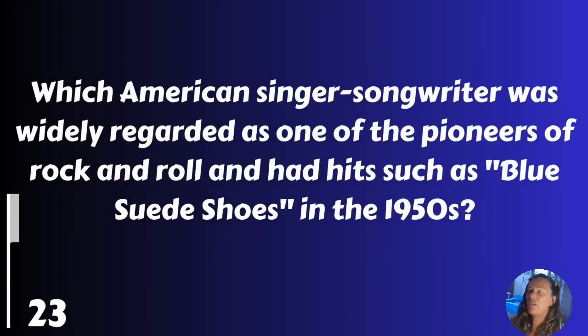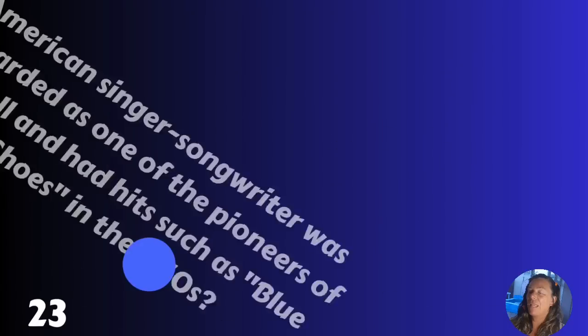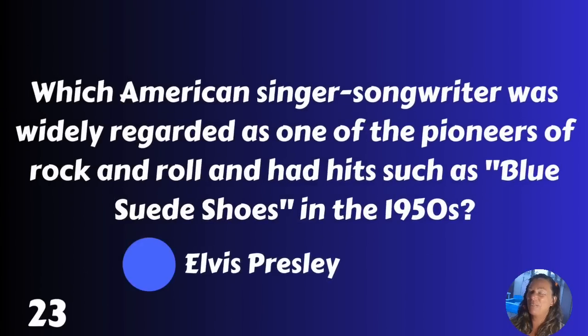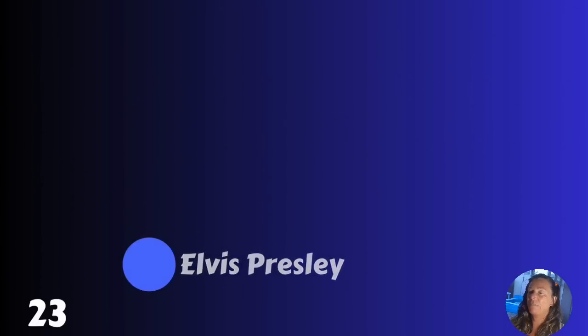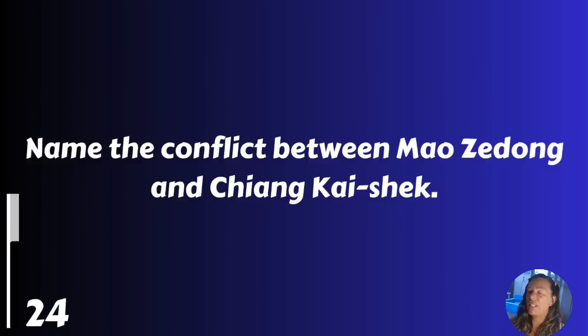Which American singer-songwriter was widely regarded as one of the pioneers of rock and roll and had hits such as Blue Suede Shoes in the 1950s? It was Elvis Presley. Name the conflict between Mao Zedong and Chiang Kai-shek.